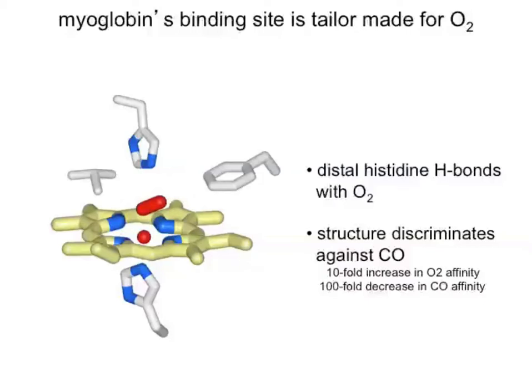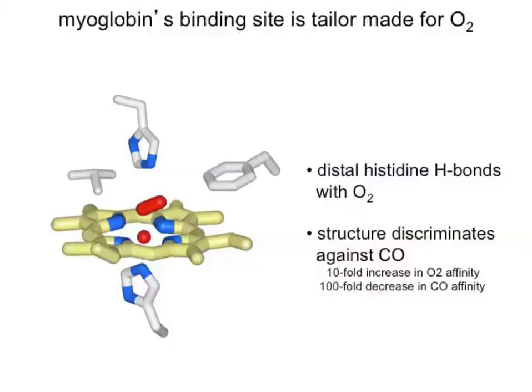I should also point out that another way that we overcome that high affinity for carbon monoxide is to make sure that carbon monoxide concentrations stay relatively low. So in the blood of a non-smoker, carbon monoxide concentrations are anywhere between 0 and 10 parts per million, whereas at sea level, I think the blood oxygen concentration is something like 2,000 parts per million.